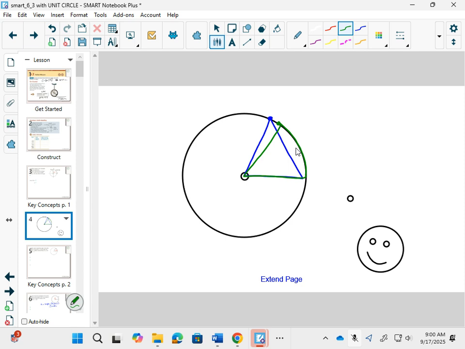If I do that, that's the definition of what a radian is. A radian is when the arc length is identical to the radius. Great. Does that help you with your math right now?